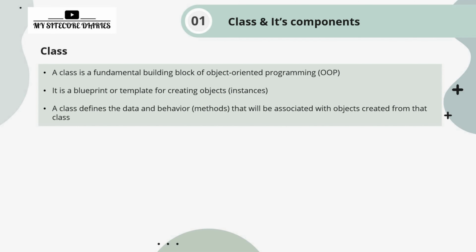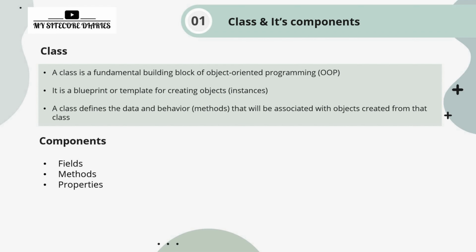A class defines the data and behavior that will be associated with objects created from that class. So what does it define? It defines the data. Data is defined by the fields and the properties, whereas behavior will be defined by the methods of that class. So what are the components in the class? First is the fields, which define the data of the class. Then you have methods, which define the behavior of the class.